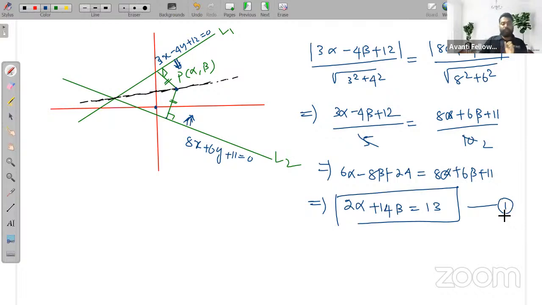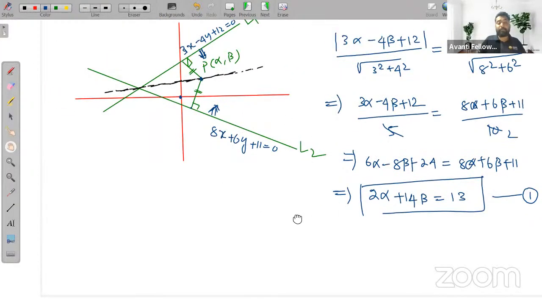And we know P is the point which is lying 1 unit distance from L1 and also L2. If you try to find the perpendicular distance from P to L1, then what will happen? Simple, na? We don't need to take any mod because P is the point lying on the equation of the angle bisector, and it is also containing the origin.